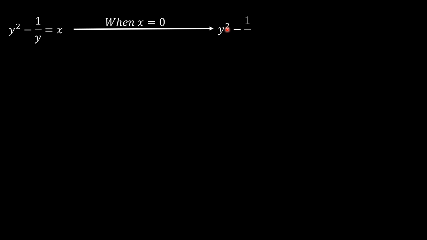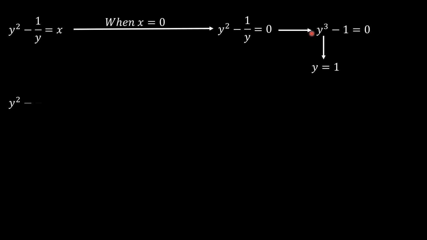Dealing with limits, obviously having an expression y squared minus 1 over y equals x, that means that when x equals 0, y squared minus 1 over y equals 0, implying that now when you multiply across by y, you have y cubed minus 1 equals 0, and that means that y cubed equals 1, so y equals 1.